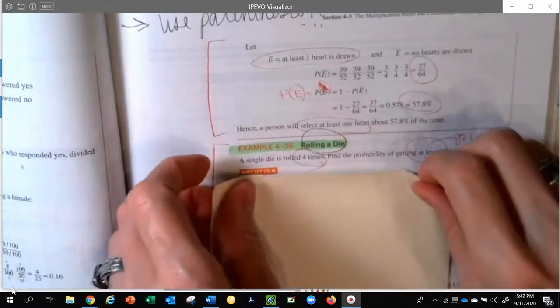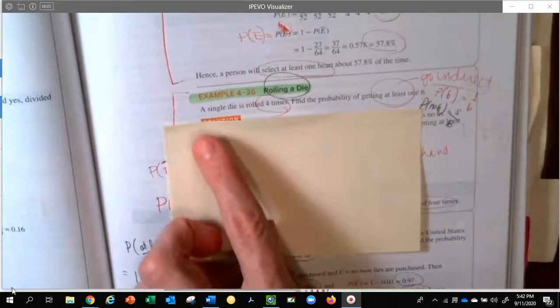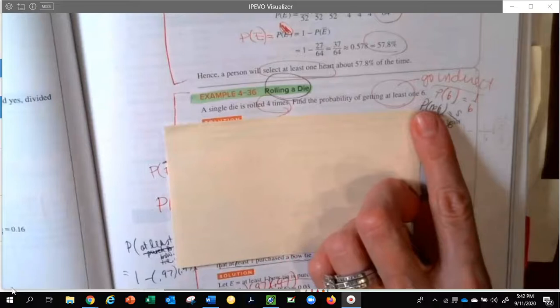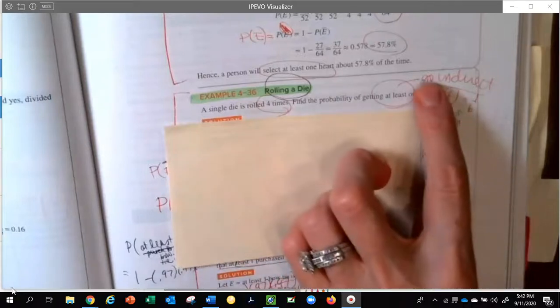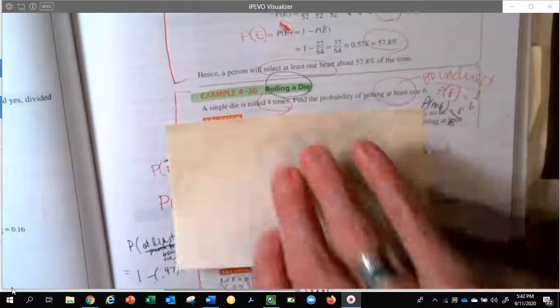And then you come over here and you are doing, like, example 4-36. A single die rolled 4 times, find the probability of getting at least one 6. You've got to remember we're going indirect, and that is one of the key items to be able to do these probabilities for at least.